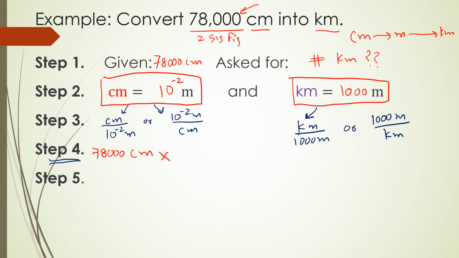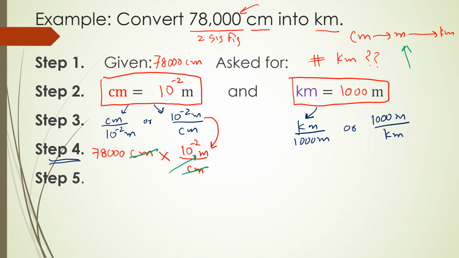So only way to cancel centimeter is we multiply with something where centimeter is down here, and which is this one, 10 to the negative 2 meter. So if the centimeter is cancelled here, now we are left with meter. So meter is our intermediate.